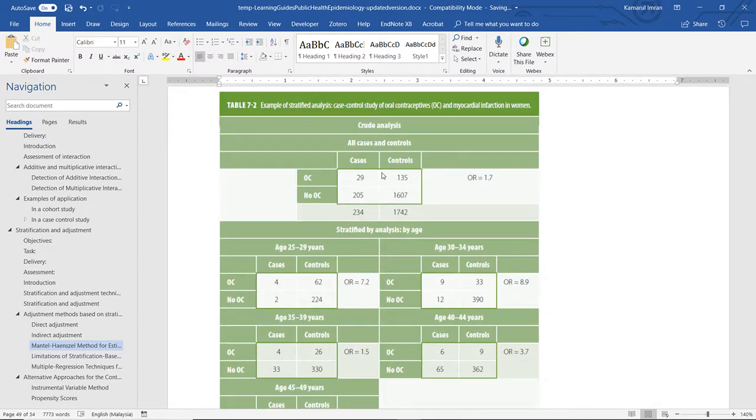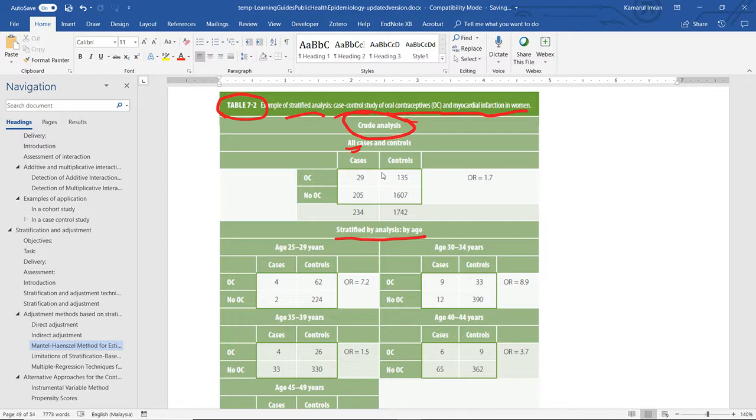This is the example for table 7.2, stratified analysis, case control study of oral contraceptive and MI in women. So this crude analysis is for all cases and controls. This is stratified by age because we thought that age is a confounder.